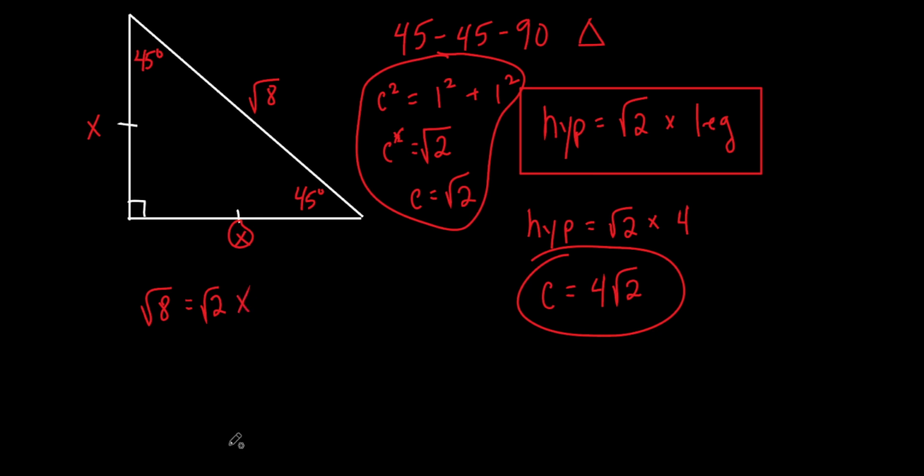Do you agree? I told you this was the square root of 8. I don't know what this is. See, before, I gave you the legs and you had to find the hypotenuse. This time, I give you the hypotenuse and you got to find one of the legs.